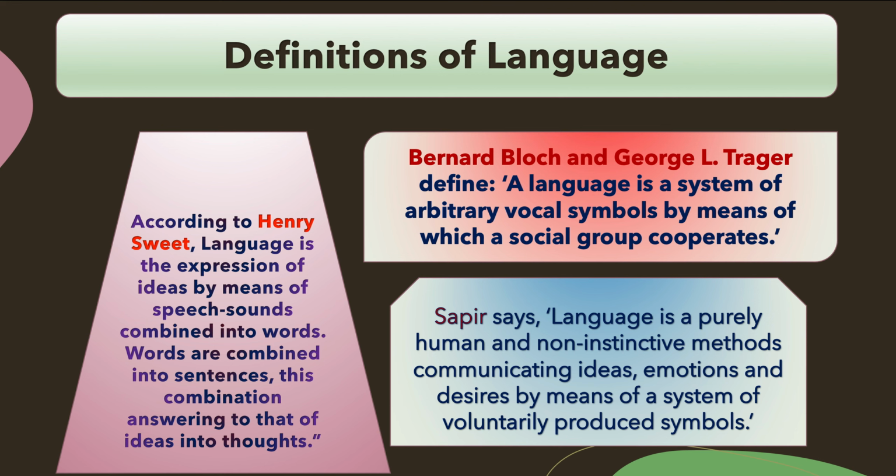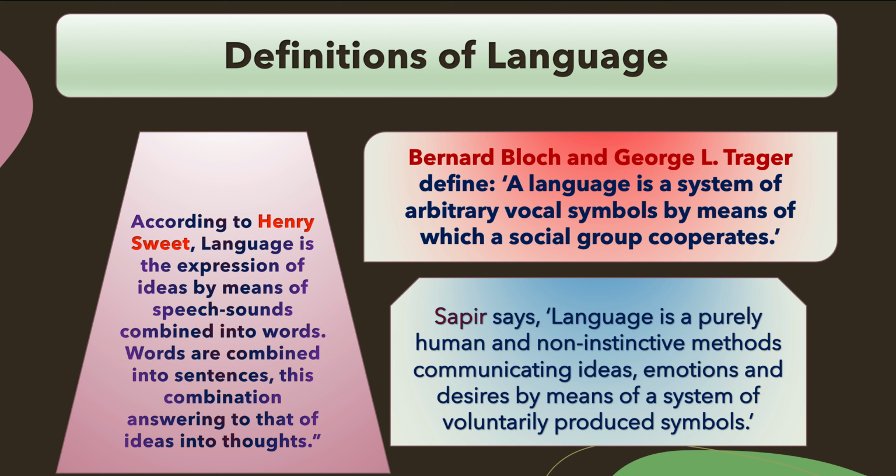Now we take another example. Bernard Bloch and George L. Trager define language as a system of arbitrary vocal symbols by means of which a social group cooperates. So language is a system of arbitrary vocal symbols. Arbitrary vocal symbols means that we cannot say that certain symbols are permanent in the language.